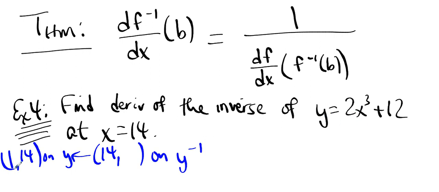Are we okay with that? (1, 14) is on the original function, which means (14, 1) is on the inverse function. Now that's a key, because I'm looking for the slope of the tangent line there. But I'm going to find the slope of the tangent line there and use that to get the answer that I want.